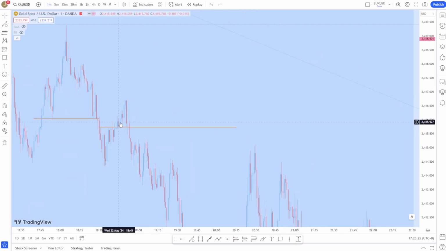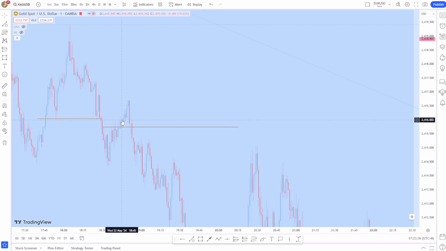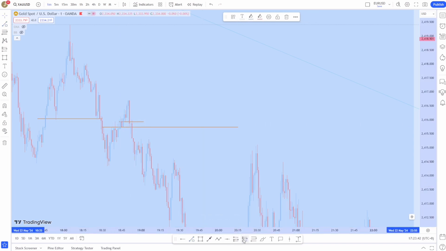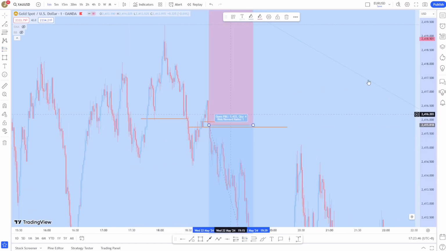And once price breaks below, you see for this entire move up, we haven't had a support being broken. We get a retrace up, closure below support, entry here. The entry is here. Enter here.